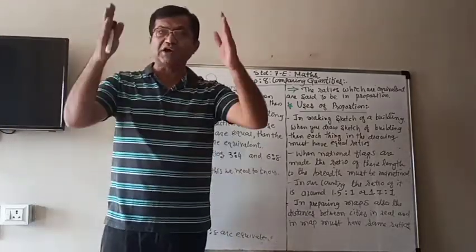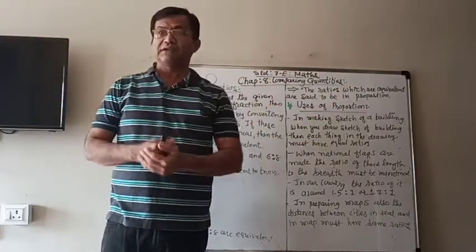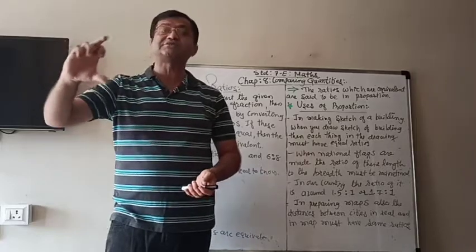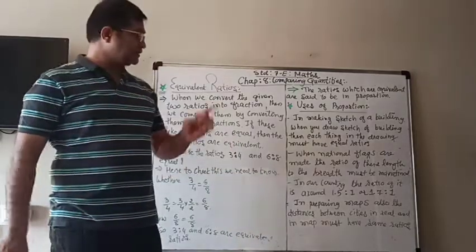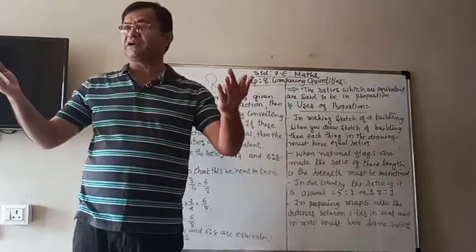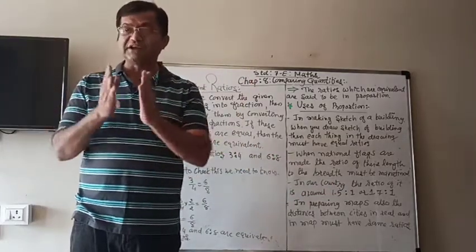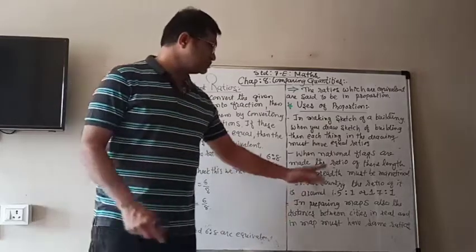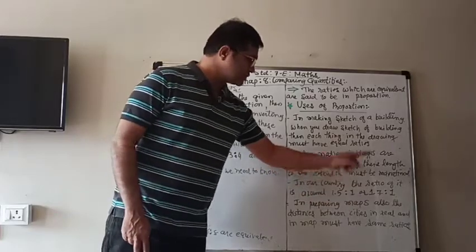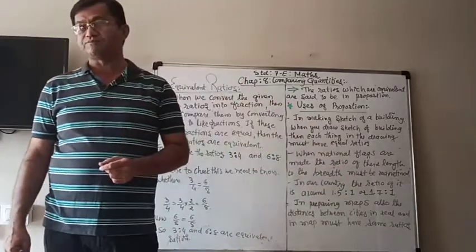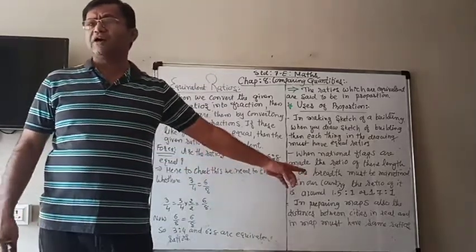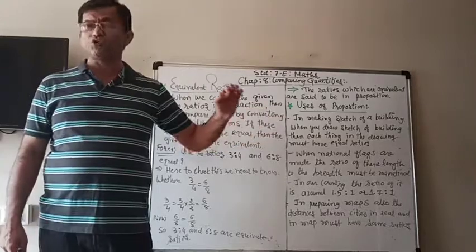A flag can be smaller or bigger or biggest, it doesn't matter, but the ratio of its length and breadth must be maintained. In different countries it can be different ratios, but generally in our country the ratio of length to breadth is either 1.5:1 or 1.7:1. So when you make the length and breadth, you should have this ratio 1.5:1 or 1.7:1.